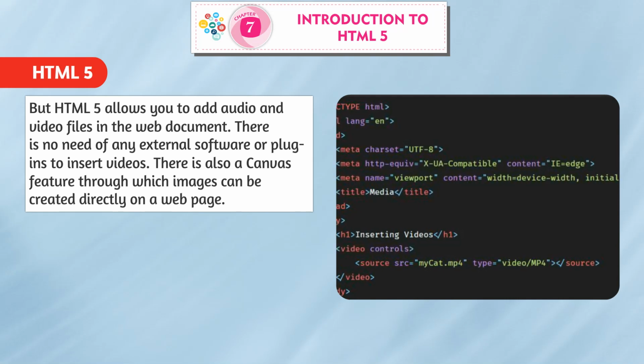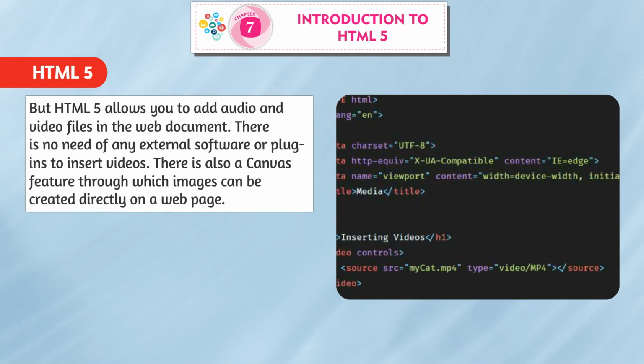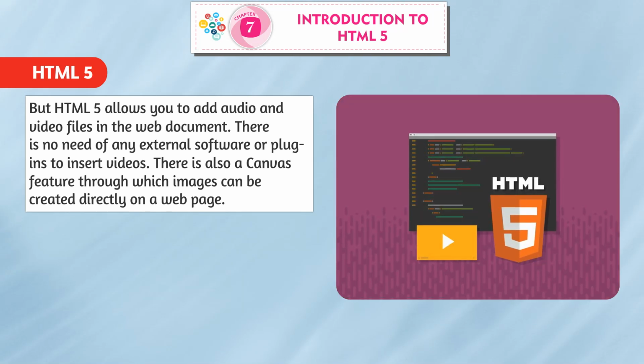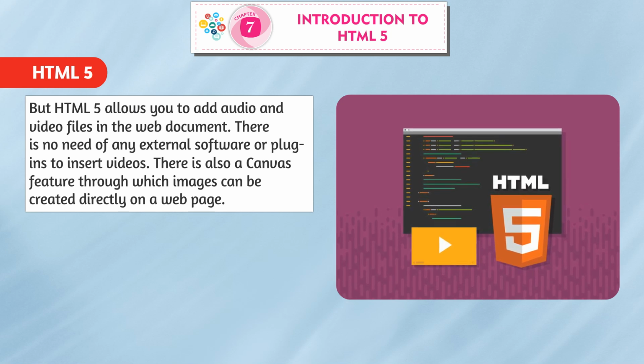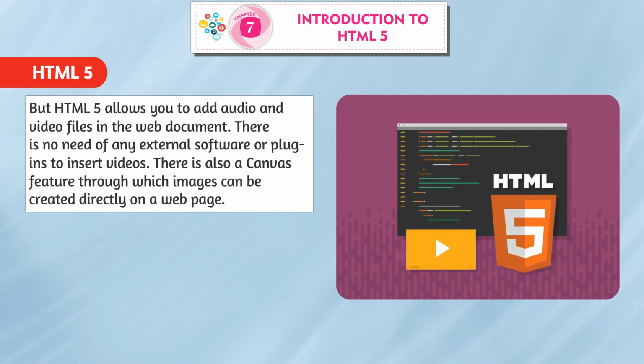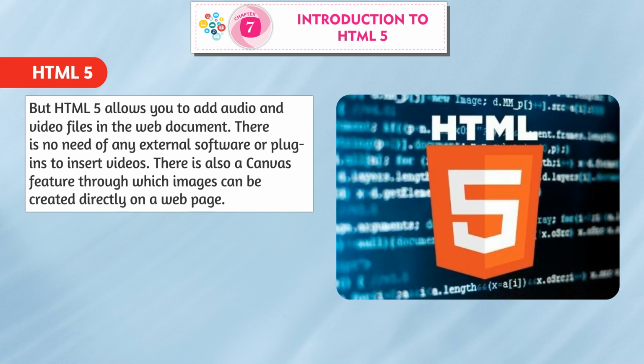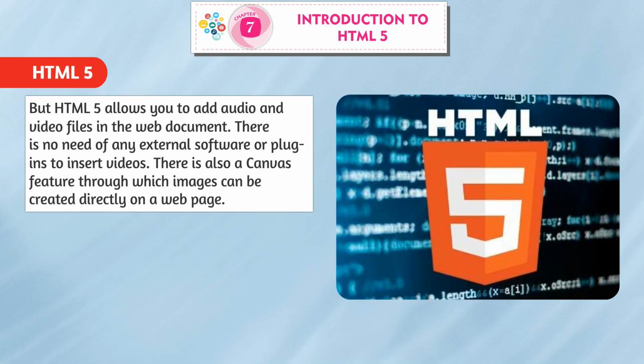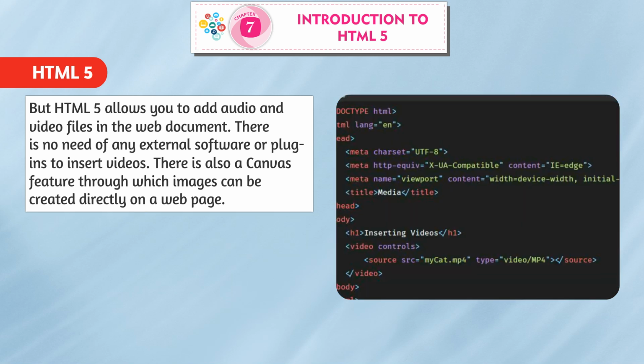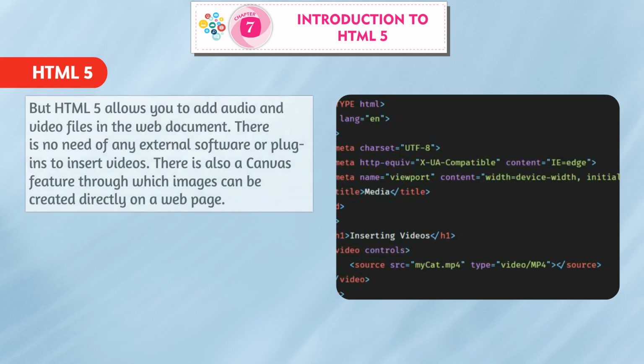But HTML5 allows you to add audio and video files in the web document. There is no need of any external software plugins to insert video. There is also a canvas feature through which images can be created directly on a web page.